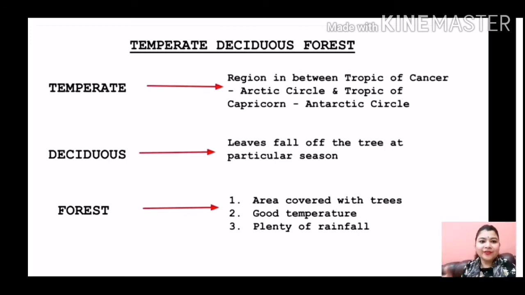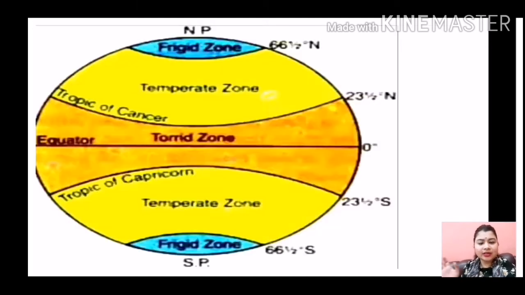Water. Then forest area covered with trees, having good temperature. But here there is a seasonal change, so the rainfall is also not plenty. That is the reason why they shed their leaves in the dry season, which they experience.